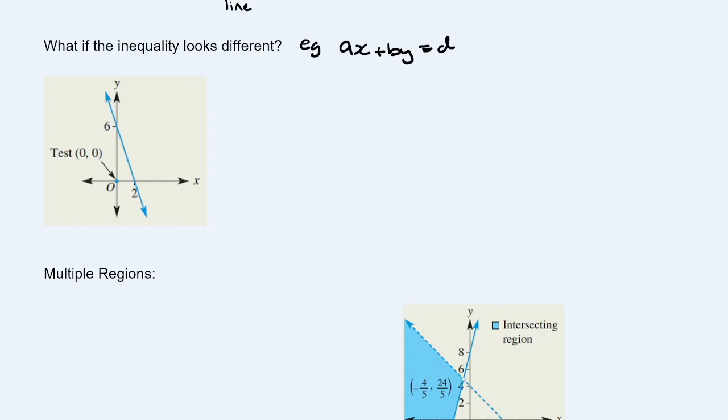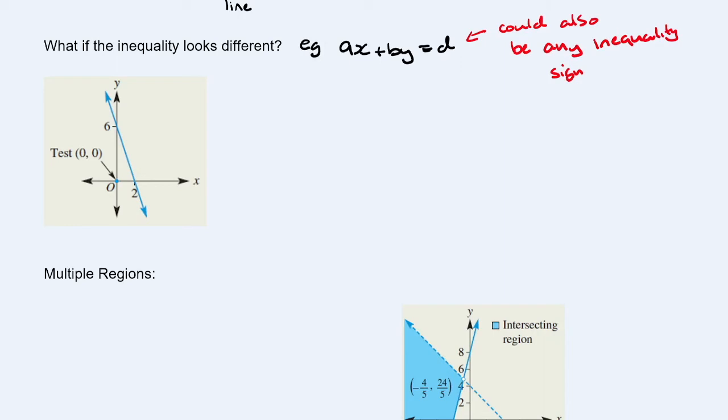You can also include any inequality sign in this particular type of equation. We have a test we can do for these ones, and that is testing the point at the origin. So that's testing 0, 0.